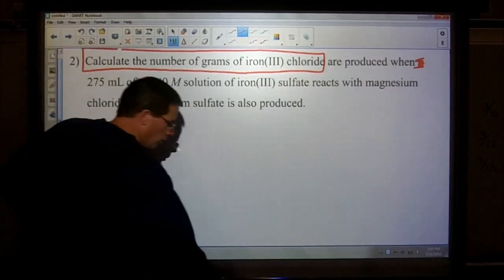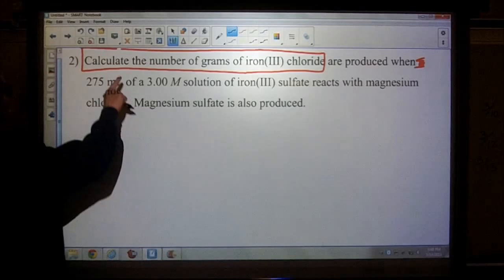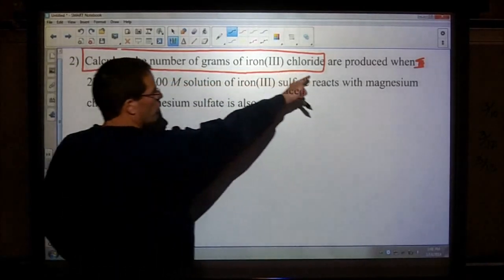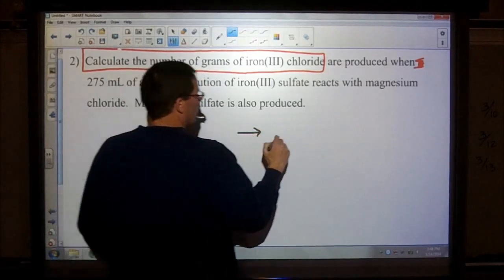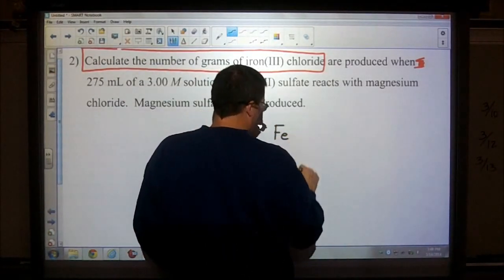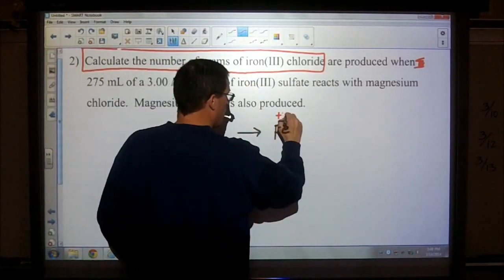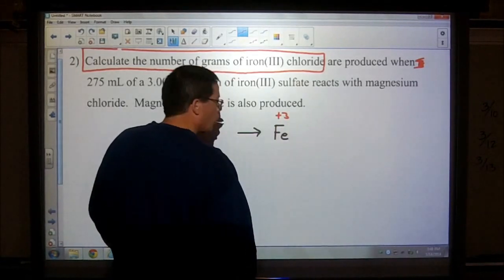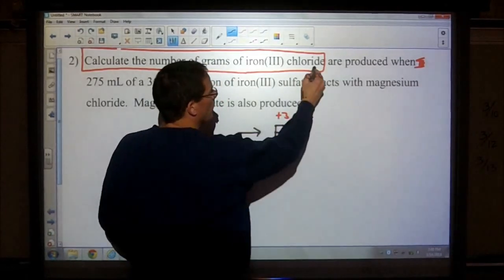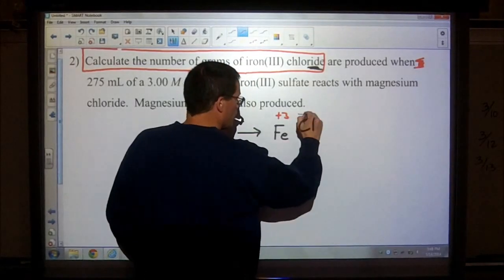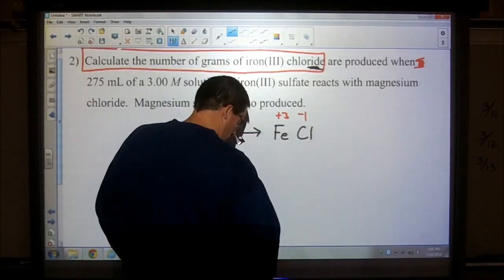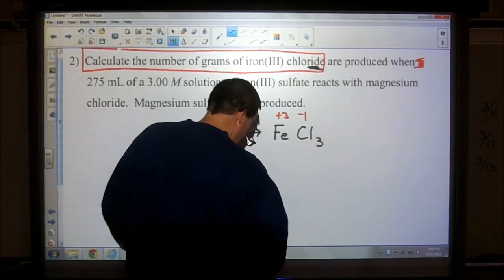So let's write the balanced equation. So it says calculate the number of grams of iron 3 chloride that are produced. So iron 3 chloride, so iron, and it has a +3 charge, and it's chloride, IDE. That means it's an element, and it has a -1 charge. So that means that there are 3 of those. Okay.